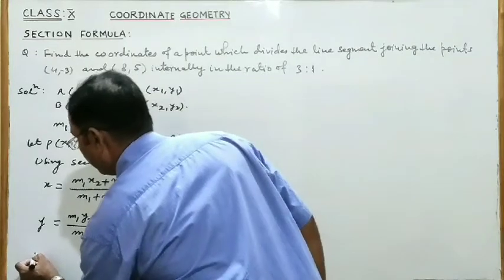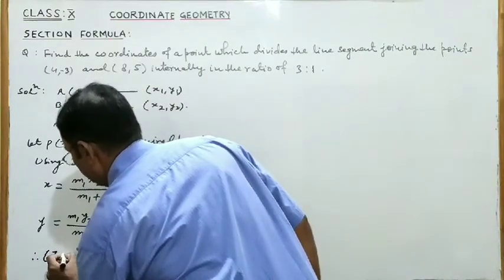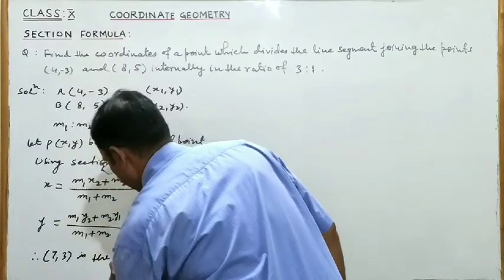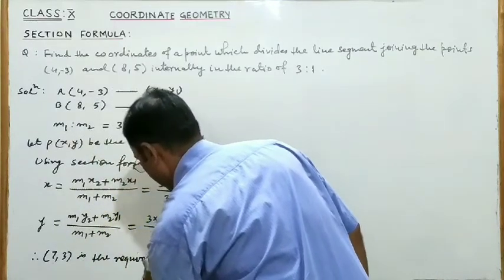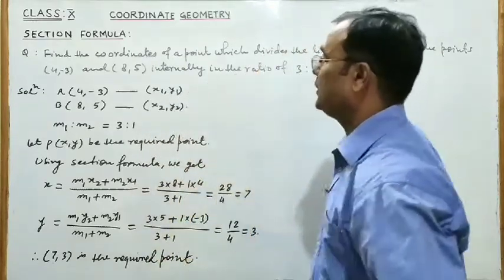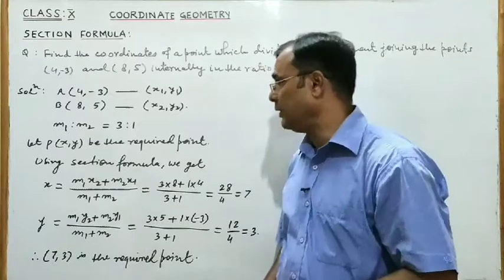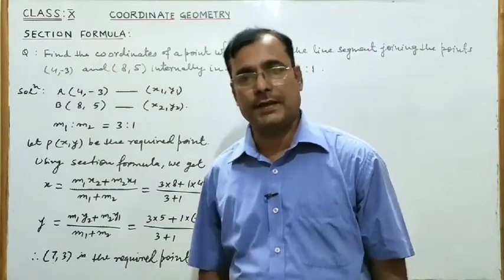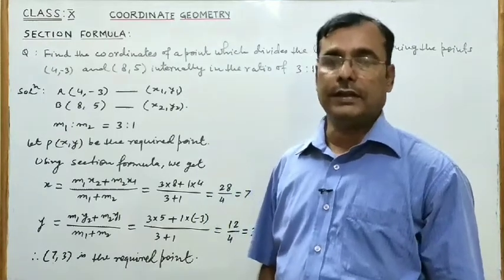Therefore (7, 3) is the required point which divides the line segment joining the two given points (4, -3) and (8, 5) internally in the ratio of 3:1.